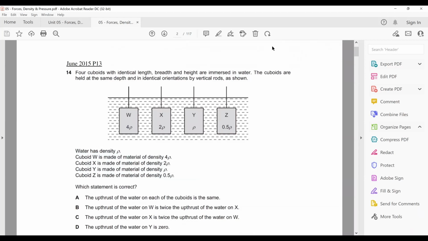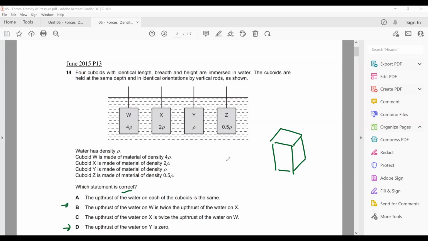A cuboid is just something that looks like this. So what do you think is the correct statement here? I think it's either B or D.